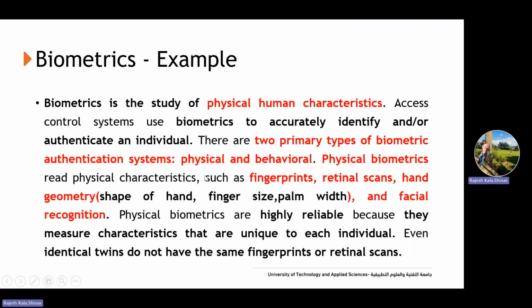When you authenticate a person based on these things, we call it physical biometrics. Everyone has unique characteristics. Even if you have a twin brother or twin sister, they have different fingerprints or different retinas. No twins or anyone will have the same physical characteristics. It will be different.